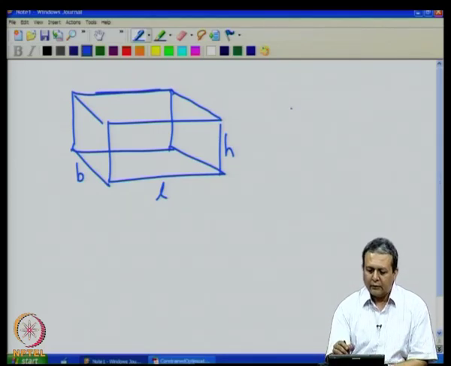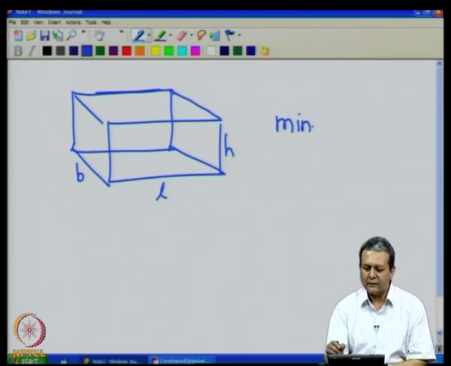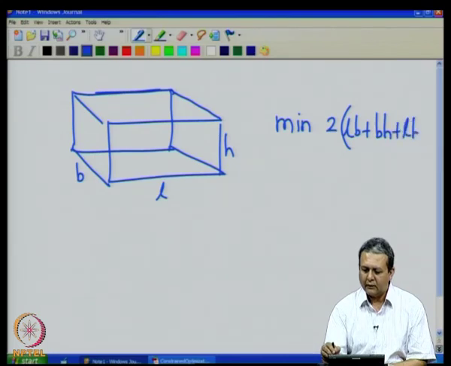So, we can write this problem as: minimize the surface area. Surface area is 2 into (LB plus BH plus LH).